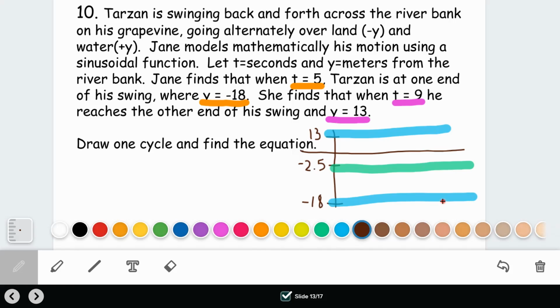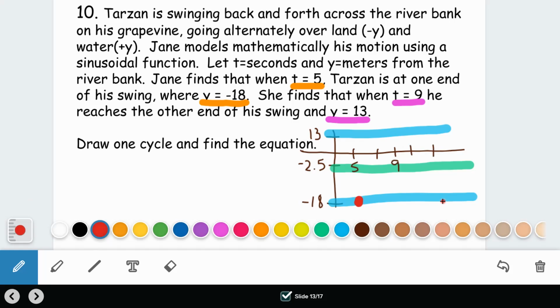Now, in terms of this, my first mark is going to be 5. And then I've got 1, 2, 3, 4, 5. At 9, we're going to be at a 13. So what's happening here is at 5, we were at negative 18.